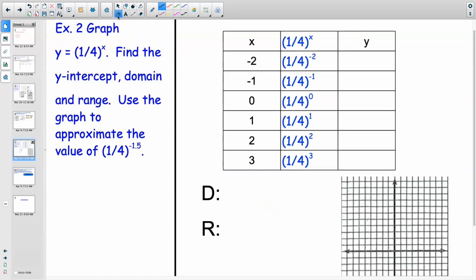See if I can make a better graph here. 1/4 to the negative 2 power. That's technically the same as 1 to the negative 2 over 4 to the negative 2, which is the same as 4 squared over 1 squared, which is 16.